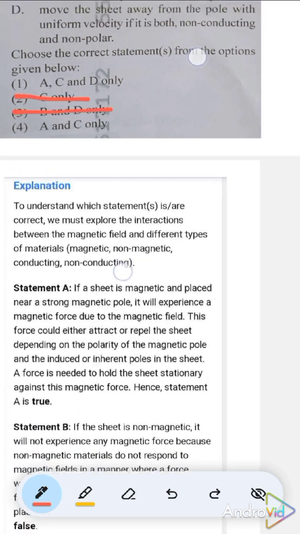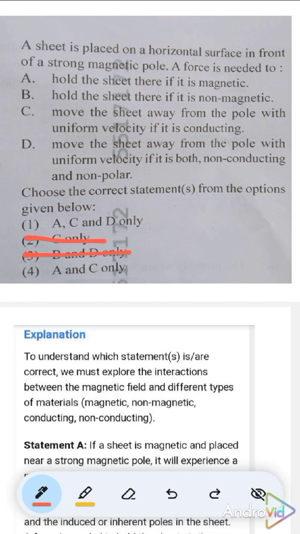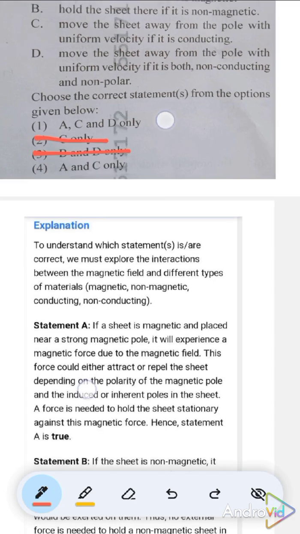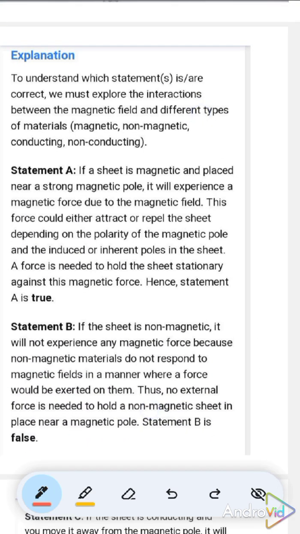Let's look at option B. A force is needed to hold the sheet there if it is non-magnetic. Obviously, this statement would be false, because if the sheet is non-magnetic, it will not experience any magnetic force, because non-magnetic materials do not respond to magnetic fields in a manner where a force would be exerted on them.